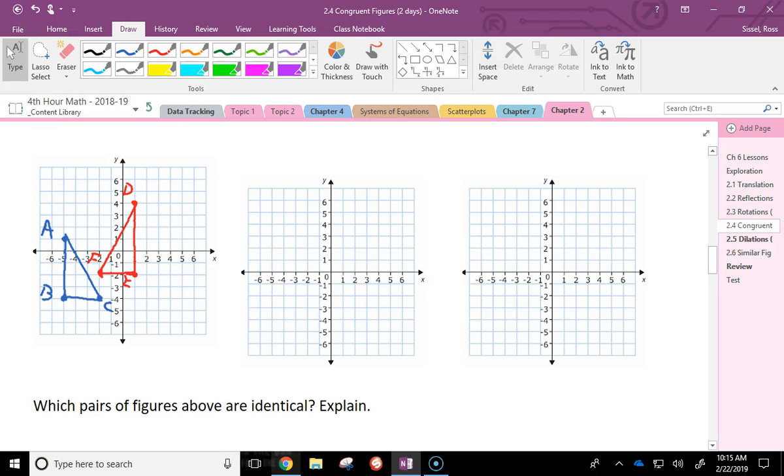I got it. Oh, that's what. Okay, so the points are different.